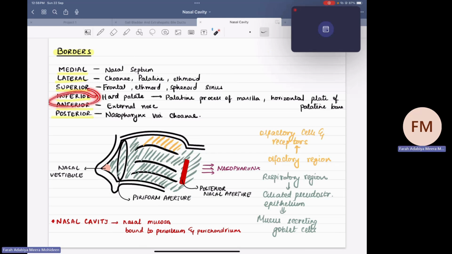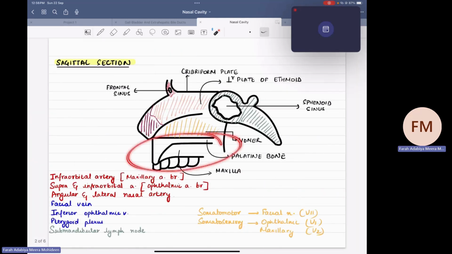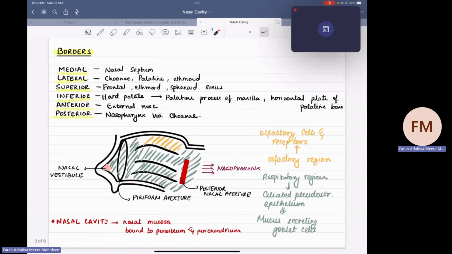Okay. Then inferiorly, you have your hard palate, which consists of the palatine process of your maxilla and the horizontal plate of your palatine bone. Now, anteriorly, you have your external nose, and posteriorly, you have your nasopharynx, which forms the posterior nasal aperture.